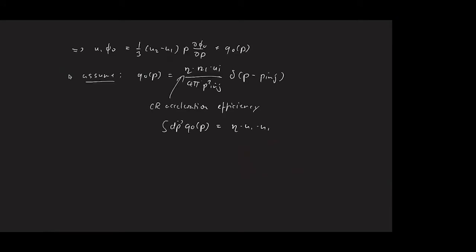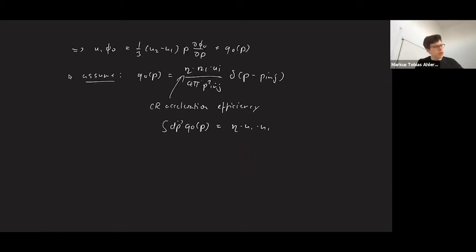Okay, so we are almost done. If we now use this injection term, we can look for the solution of this differential equation. In the interest of time and to make a long story short, I will give you the final result. The solution of the above differential equation is going to look as follows.